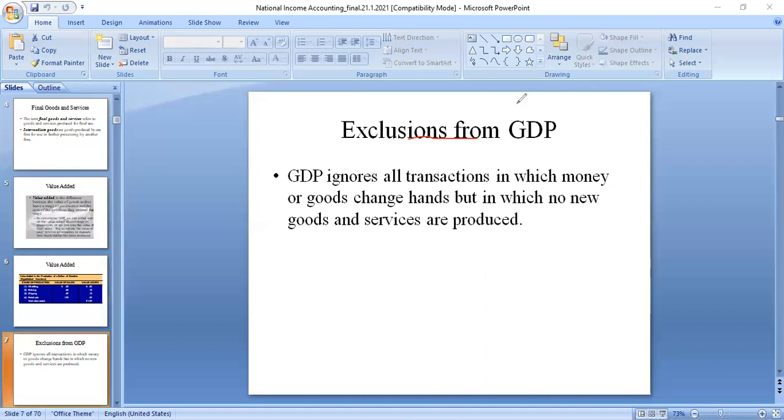Now, remember, we've seen that GDP is the monetary value of all final goods and services produced within a country's borders, right? So GDP excludes all transactions in which money or goods change hands, but in which no new goods are produced.